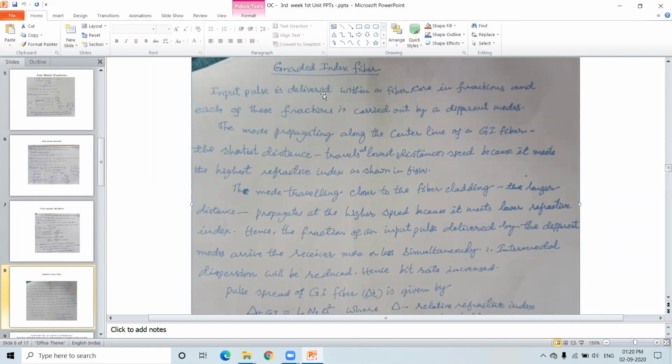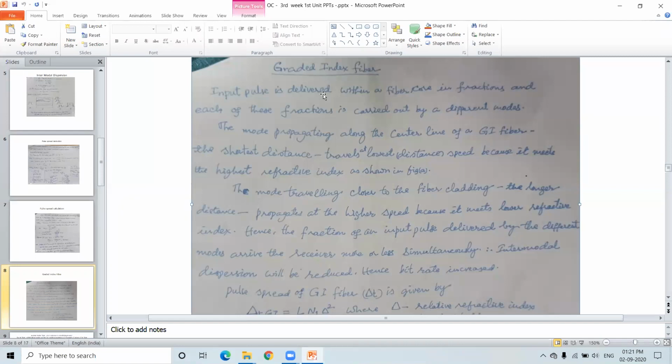So here at the central line of the optical fiber axis, I said that it is the zero mode. It has to travel at lower velocity, which means that whatever refractive index layer we place at the central line of the optical fiber should have the highest refractive index.